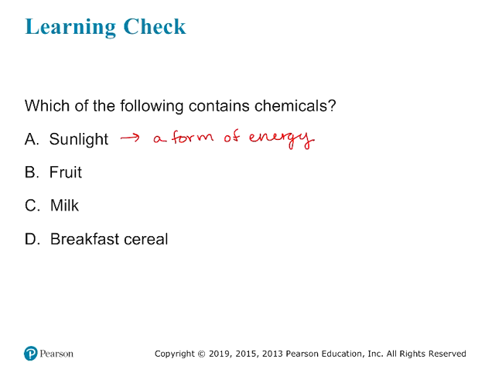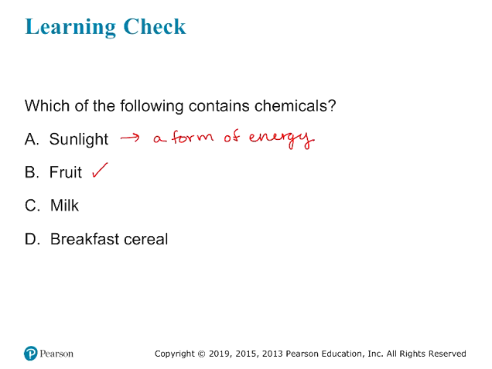What about fruit? Does fruit contain chemicals? Yes, so fruit has, for instance, maybe citric acid in it, maybe some vitamins. So fruit is definitely something that contains chemicals.